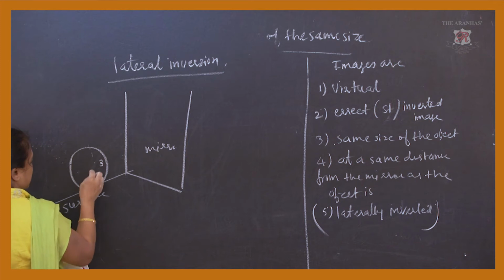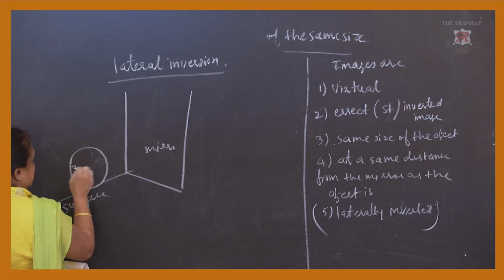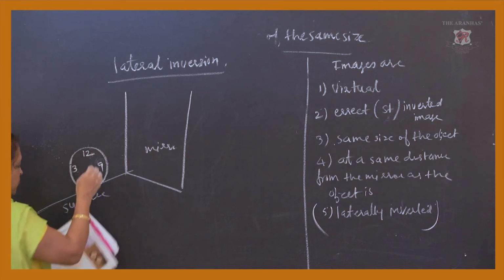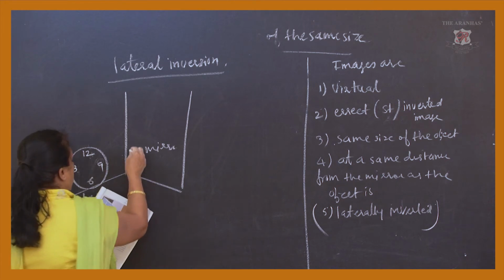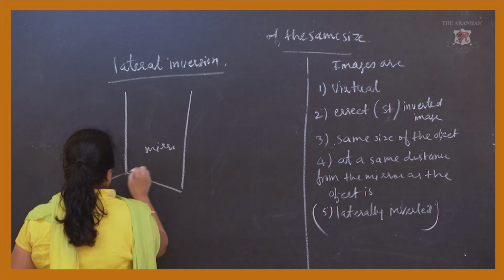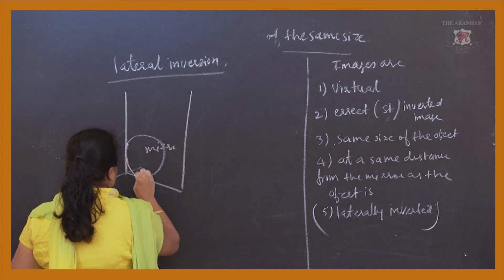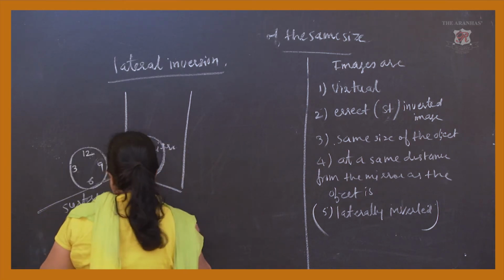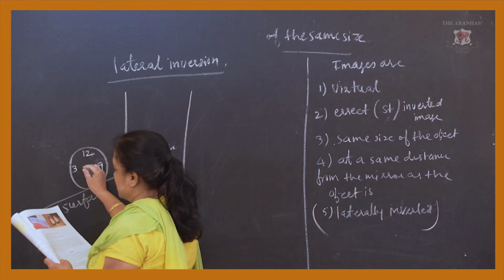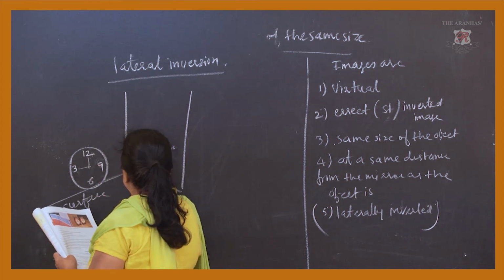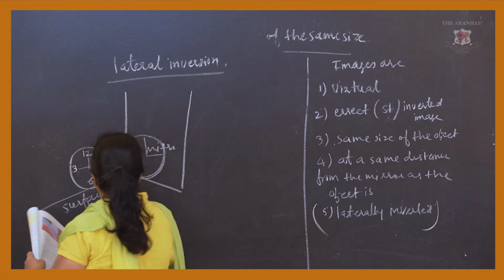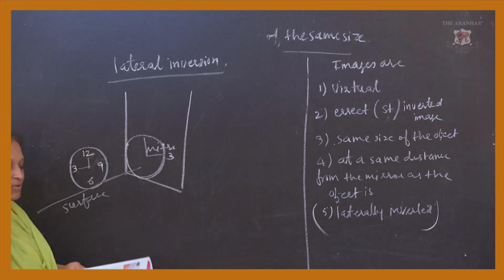This is 3, just the numbers we write. This is 3, this is 9, this is 6, and this is 12. And the image which you are getting on this may be just opposite. Suppose here it is 3 o'clock, you will get the image in this manner. 3 will be seen here.